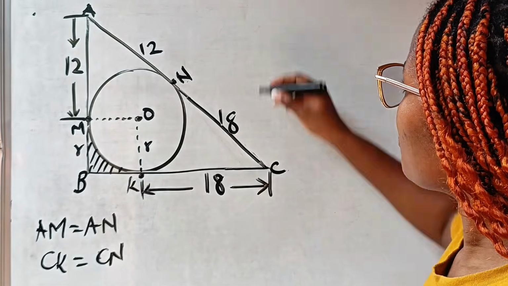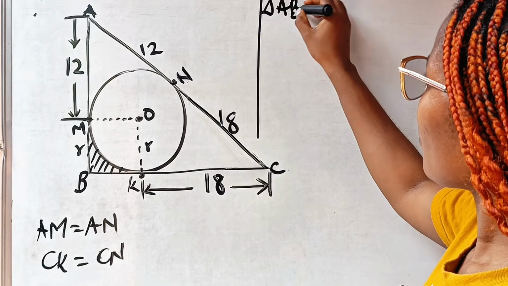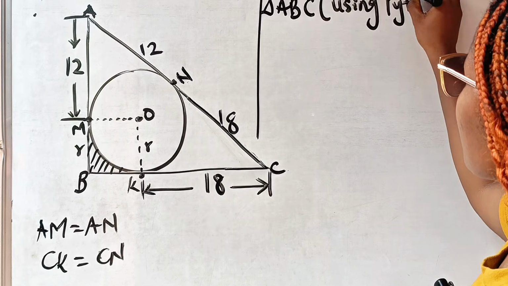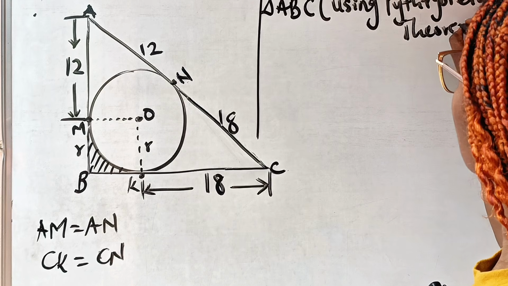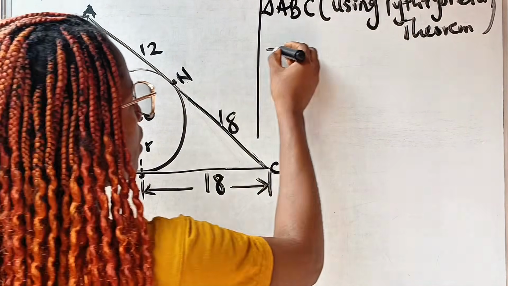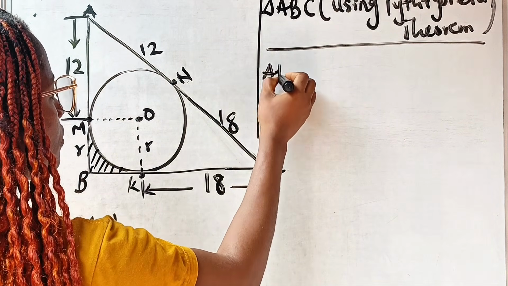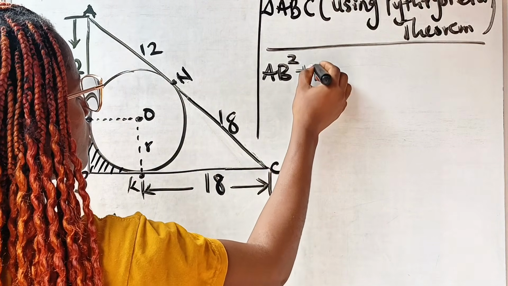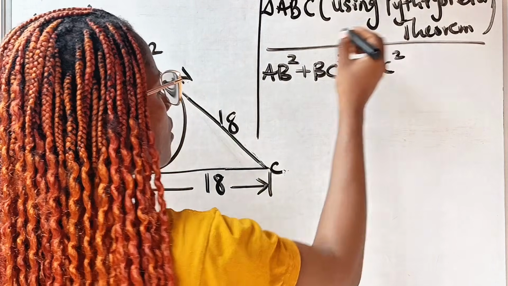Thank you. Now moving forward, let's consider triangle ABC, using the Pythagorean theorem. AB squared plus BC squared should be equal to the hypotenuse AC squared.